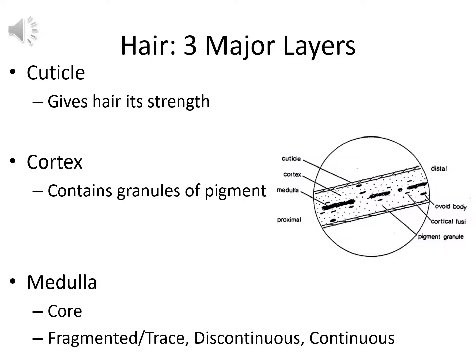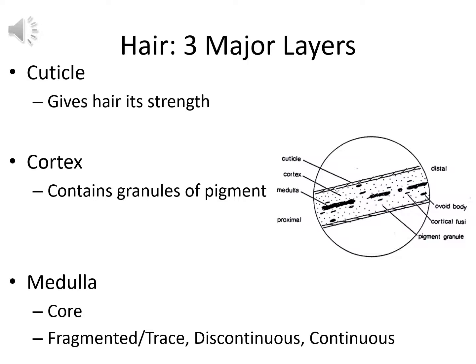And as we'll see, medullae can be fragmented or trace. They can be discontinuous, they can be continuous, and again, that will change for different animals. Even within humans, we tend to see the continuous medullae mostly among the Asian descent individuals, whereas you're much more likely to find fragmented medullae among individuals of Caucasian descent.